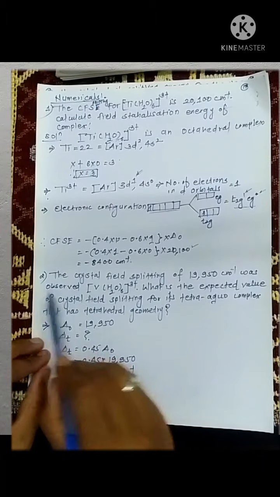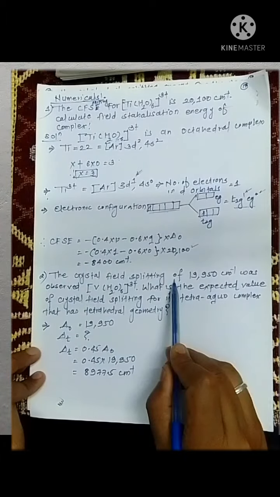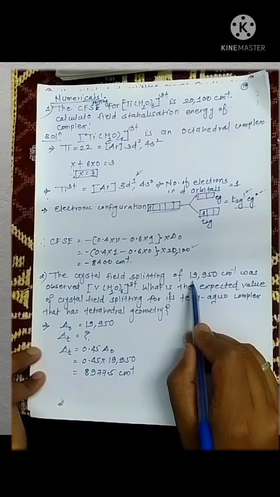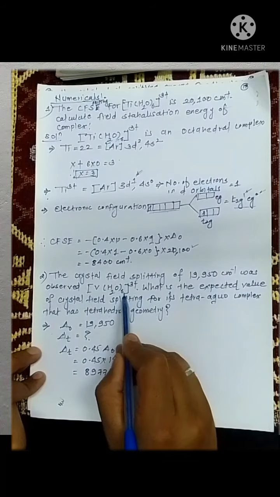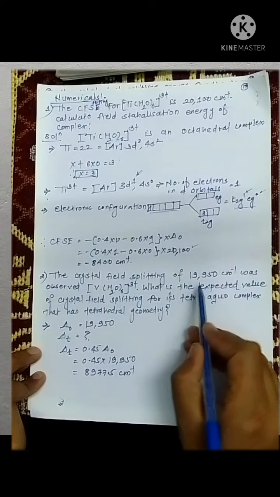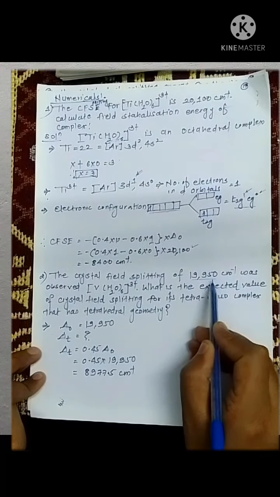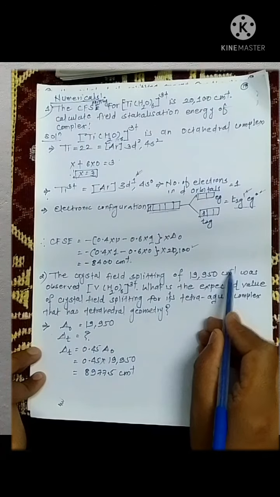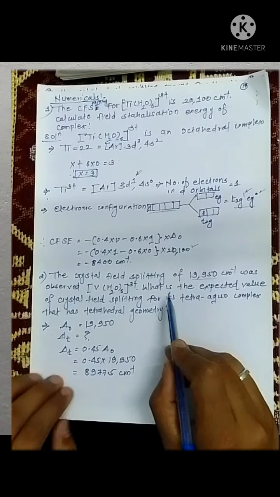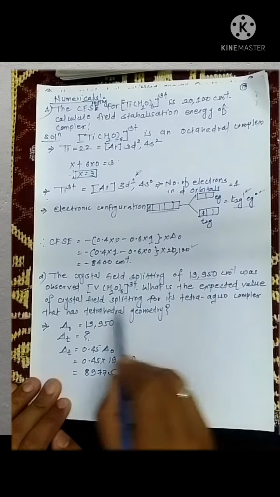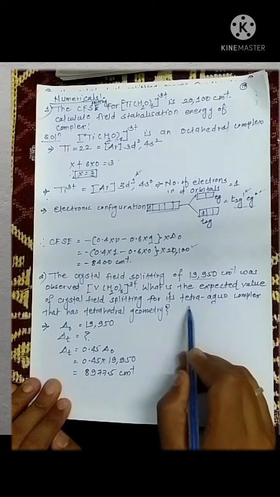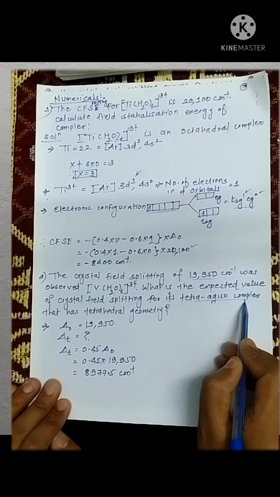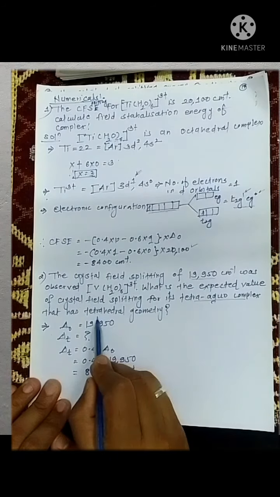Now in the second problem, the crystal field splitting for hexaaquavanadium(3+) is given, that is 19,950 centimeter inverse. And what is the expected value of crystal field splitting for its tetraaqua complex that has tetrahedral geometry?